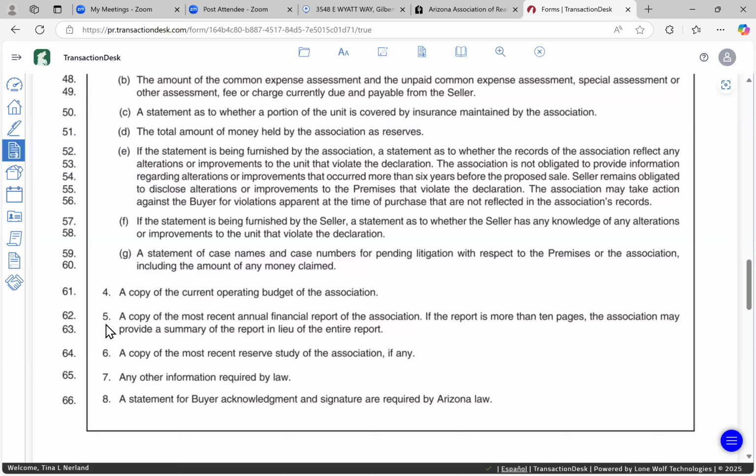Okay, so it is rare, but it can happen, and it has happened to me before when I was representing the buyer. I had a buyer that wanted to purchase a home in a condo, and we got a copy of the financials, and the lender came back and said, "You're not going to believe this, but we can't do a loan on this property."